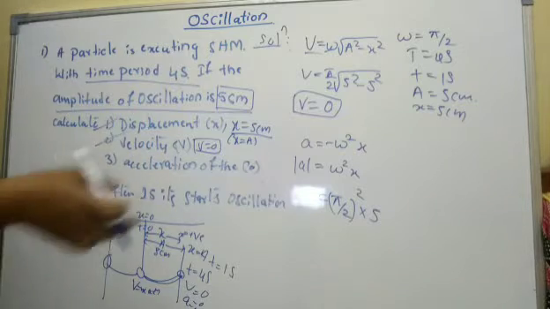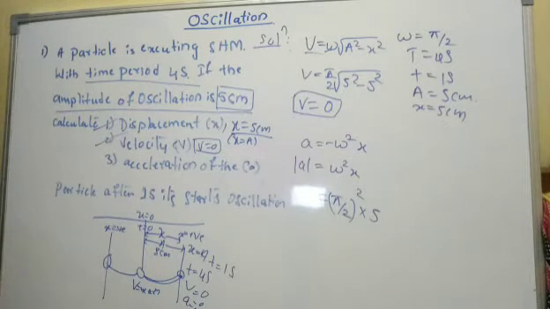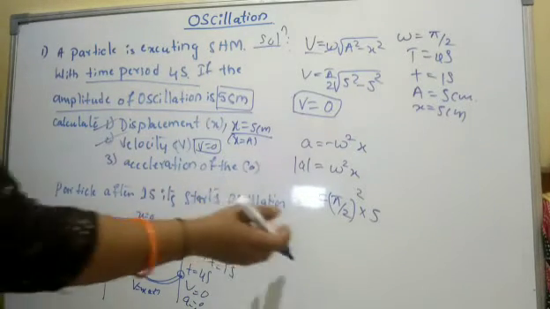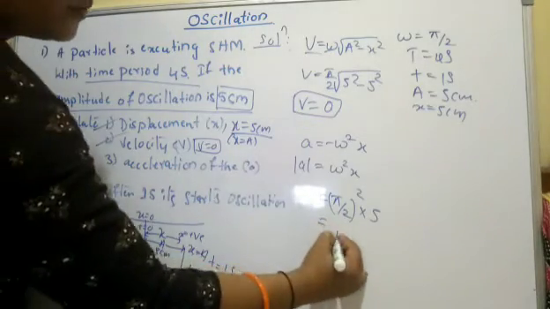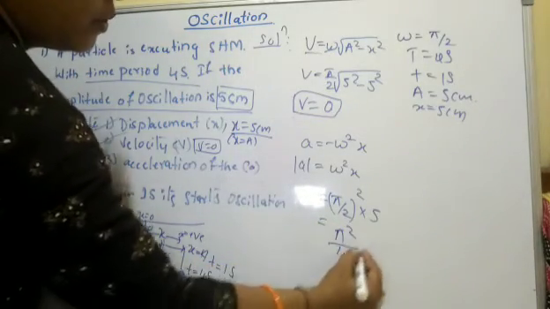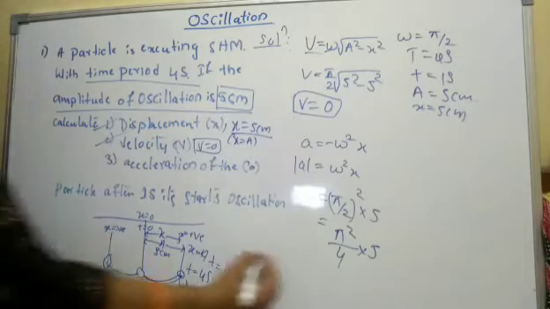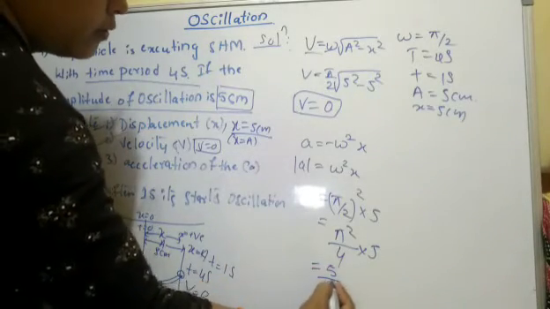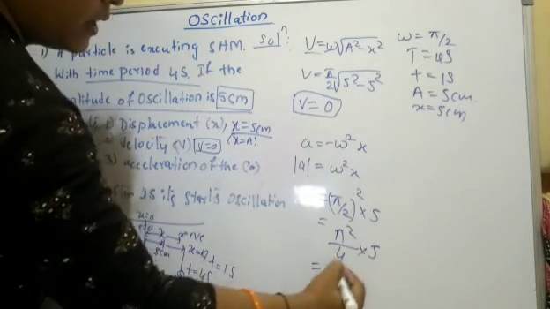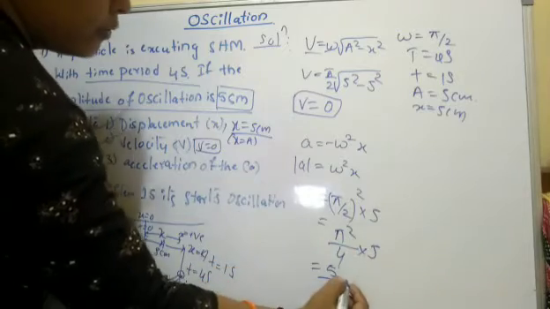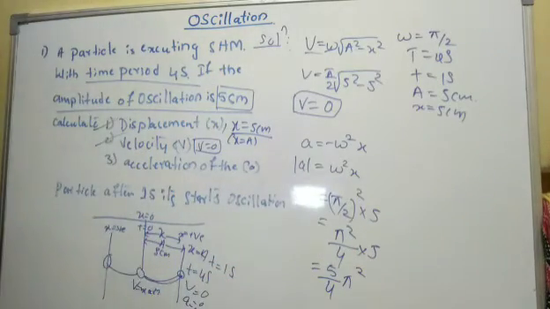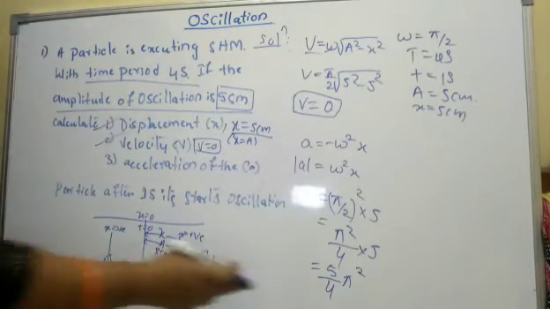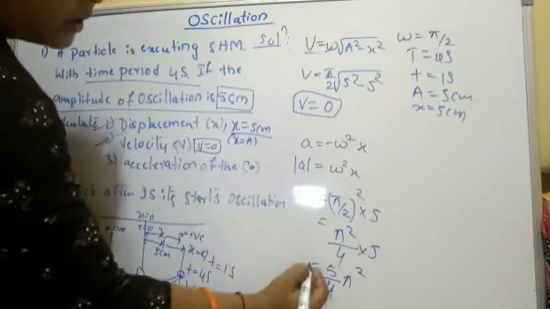Displacement, that is 5 here. What are you getting? Pi square by 4 into 5. So finally we are getting 5 by 4 pi square, right?